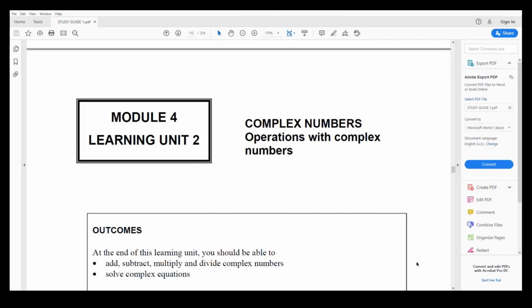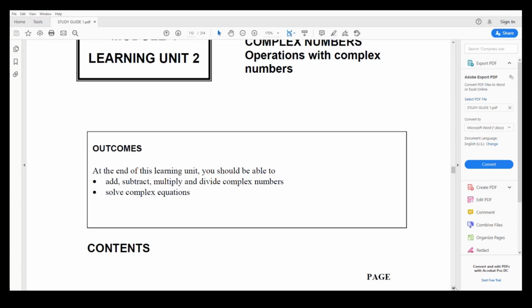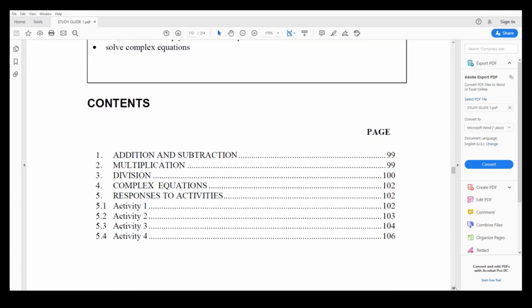Exponential form, polar form, rectangular form, okay? So the outcomes at the end of this learning unit are that you should be able to add, subtract, multiply, and divide complex numbers and solve complex equations. You'll see that it's relatively simple.